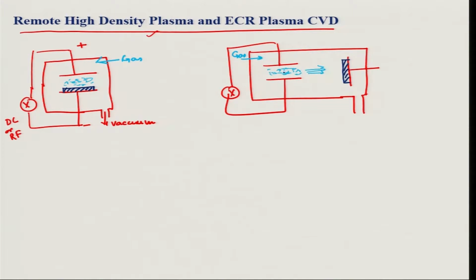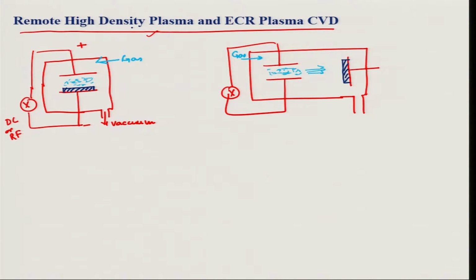One of the ways of creating high density plasma, remember again, density of plasma means density of ions per unit volume, number of ions per unit volume in the plasma, right. And this also depends on the degree of ionization. So, the higher the degree of ionization at a given pressure, the higher the plasma density would be.